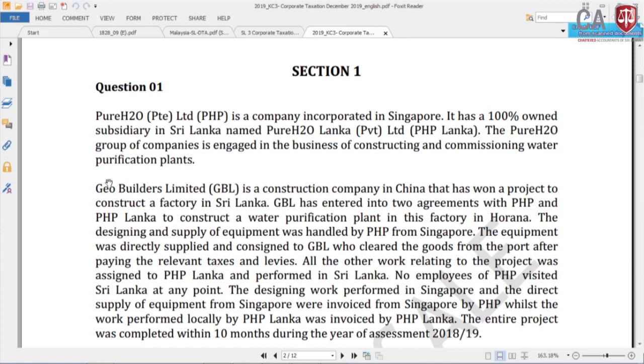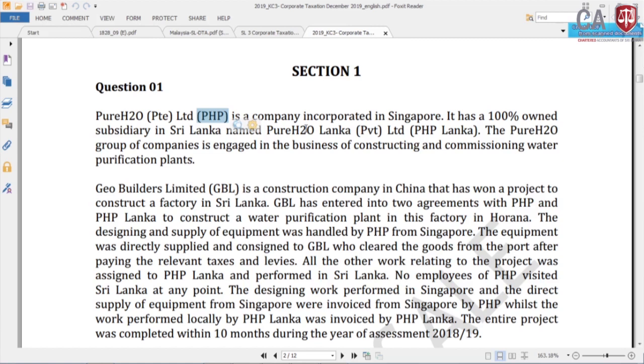Okay. Then come to question 1. POH20 PTE Limited, which is PHP, is a company incorporated in Singapore. Now, Lamai, while reading the question, I will analyze it.